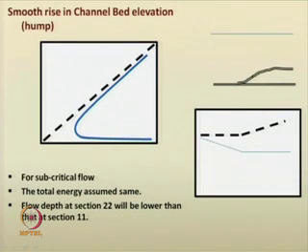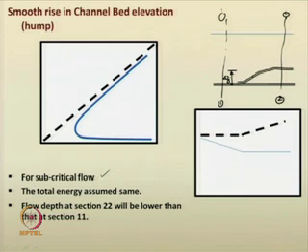So, I can just plot it for the smooth rise in the channel bed elevation. As this is a subcritical flow, we are assuming the total energy at section 1 and section 2 are same. That is the reason why we are able to directly use the hump height in the energy calculation, right.